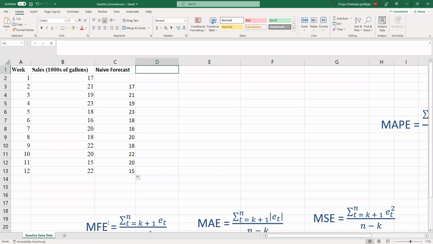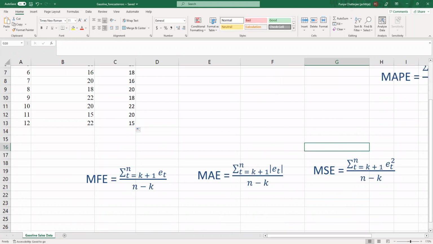Or in other words, how to calculate forecast accuracy using these methods. First, I've also noted down the formulas here. The first method that we're going to talk about is called MFE, and it means mean forecast error. Sorry, mean forecast error, not efficiency, forgive me.